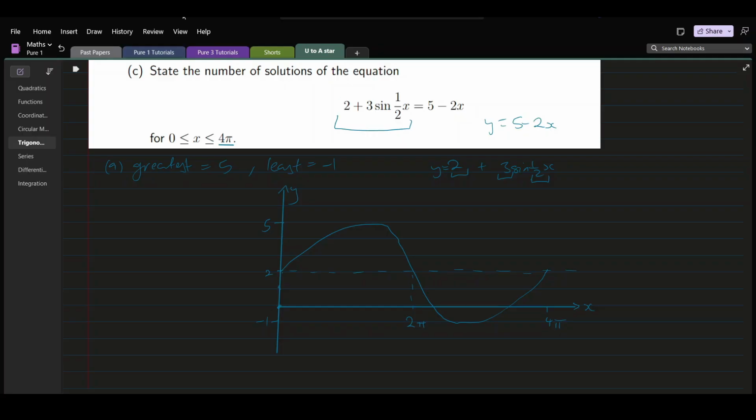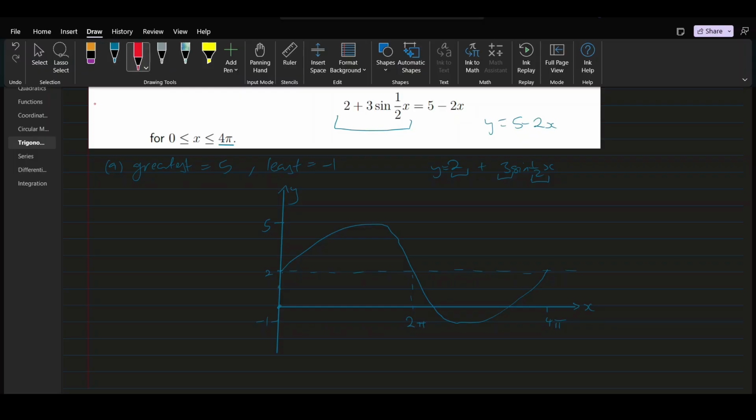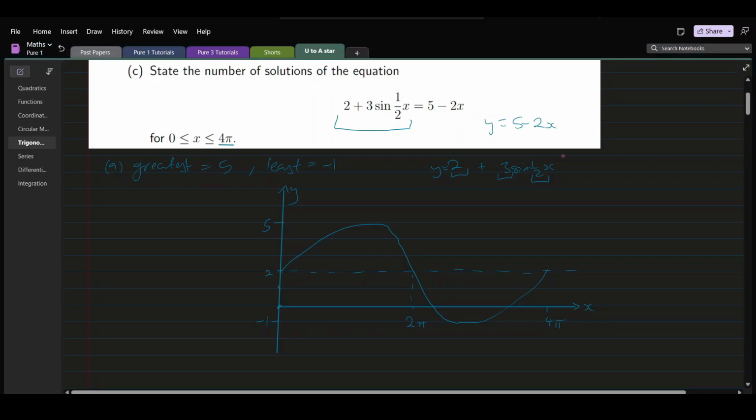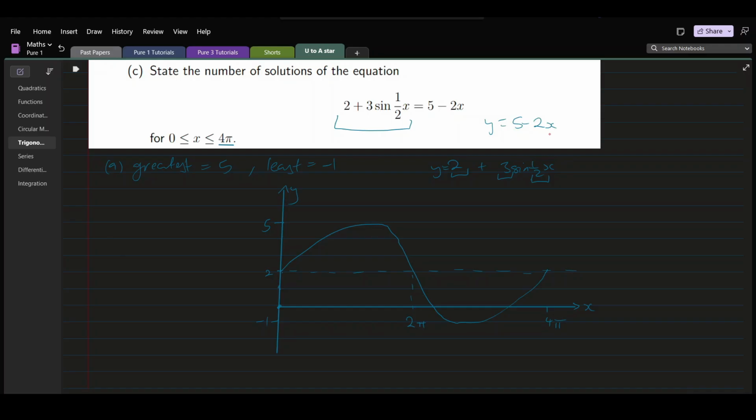So let's sketch our graph of y equals 5 minus 2x on the same graph. We need 2 points since this is a graph of a straight line. When x is 0, we have y as 5. So that's this point over here. And then we need another point. So for our other point, we'll substitute x with 1.